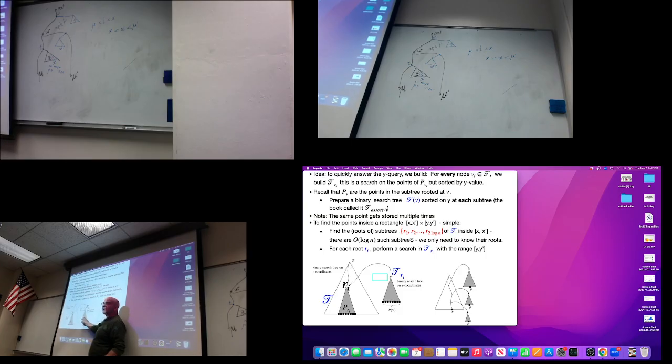Now I'm building yet another tree for every node. That is, look at all the points of P of Ri. Now I sort them by Y, and from my search tree, every node leads to a sub forest with T as the main tree.